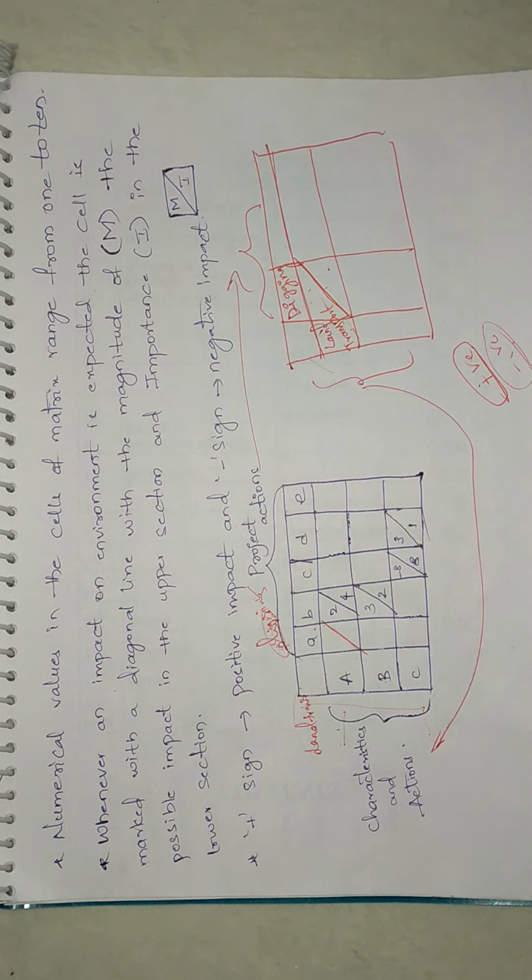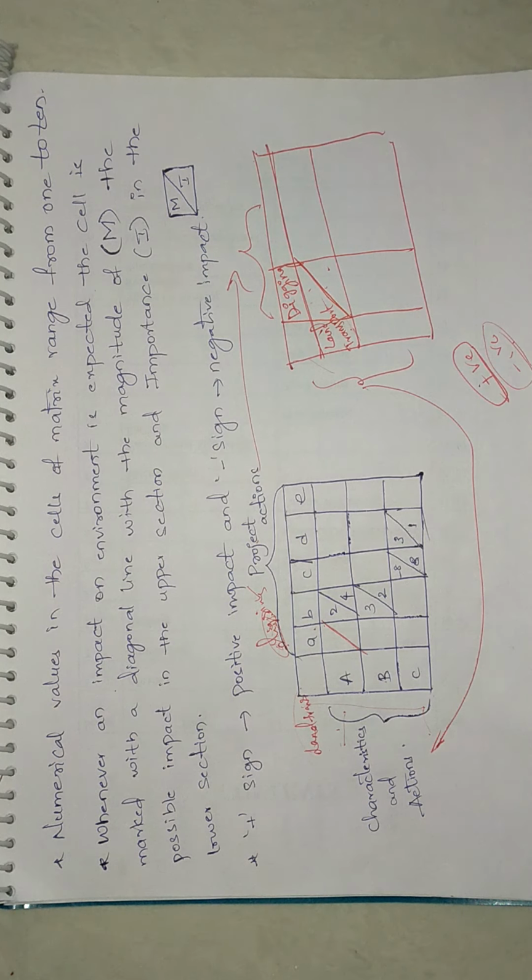So we'll give the importance as 1, let's say, for this, and then 2, 3, 4 for the others, since we will have many other activities and many other actions, and accordingly we have to mention the importance. That means importance, shortly, is priority. How much priority we have to give, and the magnitude is how severe the consequences it will cause. This is all about the Leopold matrix.